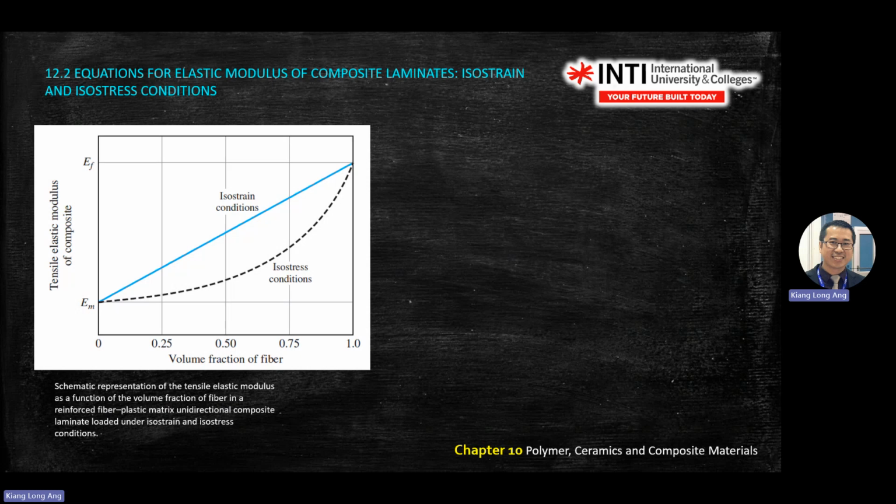What I wrote on the screen, the isostrain condition: EC equals EF VF plus EM VM. Can you see y equals mx plus c? Your y is EC, your x is VF, your m is EF. Then what is your c? Your c is here.